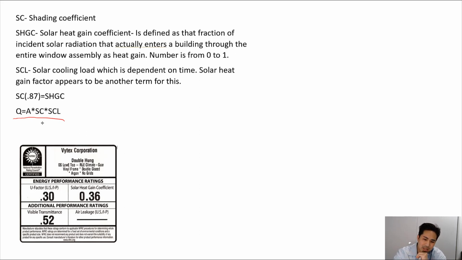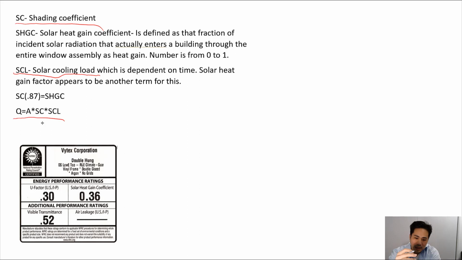The SC stands for the shading coefficient, okay, and the SCL stands for the solar cooling load. Now that is actually dependent on time, because the sun's position for a certain area on the earth is all dependent on what time it is, and depending on that, that SCL value will vary.